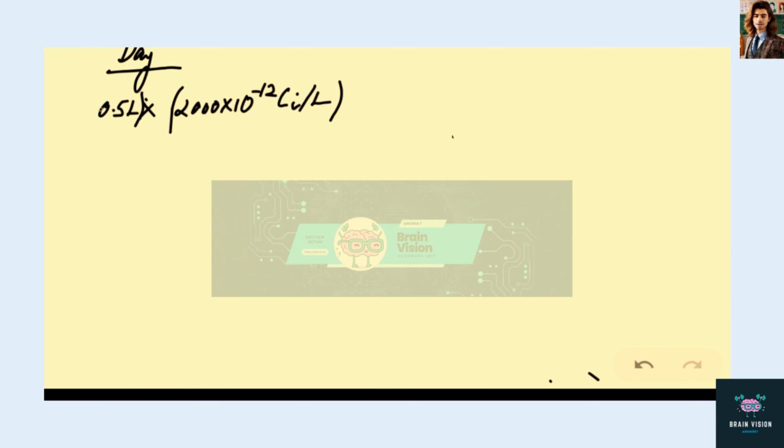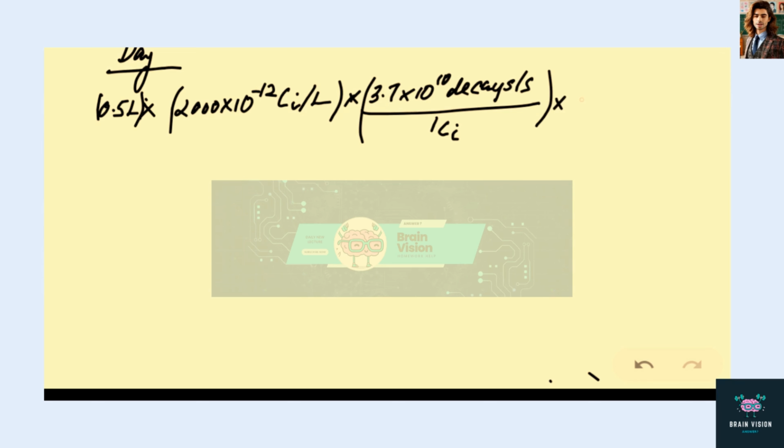From these curies, we need to convert into decays per second, so this is the number of decays per second per curie. But for each day, we need to find out how many seconds there are, right? Multiply that by the number of seconds per day, which is 24 times 3600.